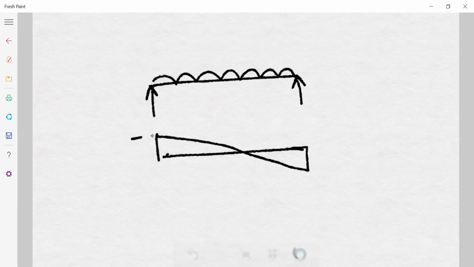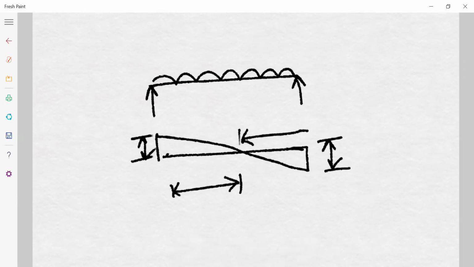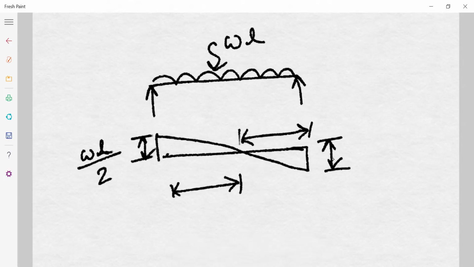Okay, this one is equal to this one, and this one is also equal to this one, equally divided in half. If the total load is WL, this one becomes WL by 2, or we can say 0.5 WL. This one becomes WL by 2. That means half the shear force is divided at every point.